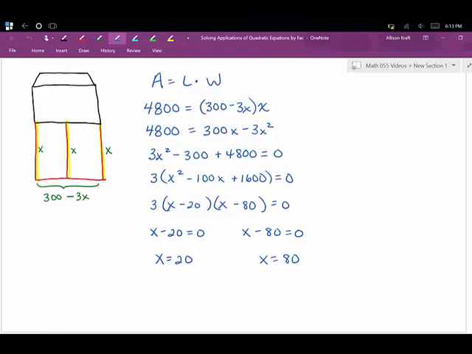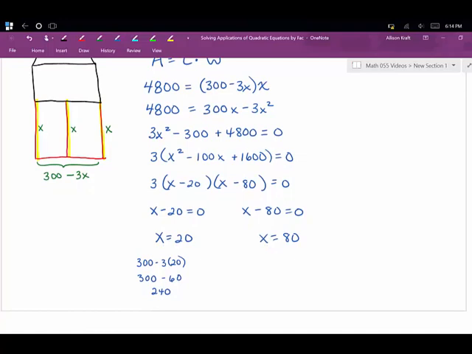When I plug 20 into 300 minus 3x, that's going to give me 300 minus 60, which is 240. That would be a fine length to my corral. All right, 20 works.